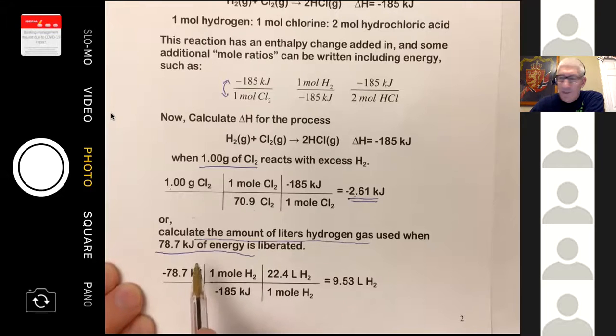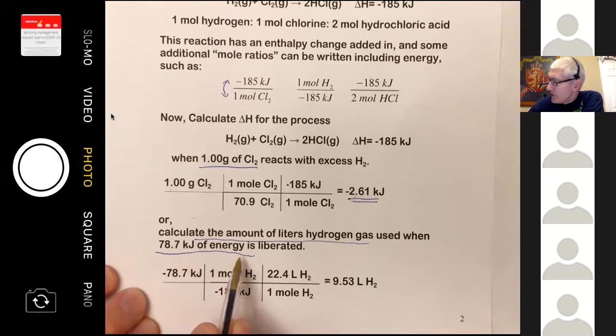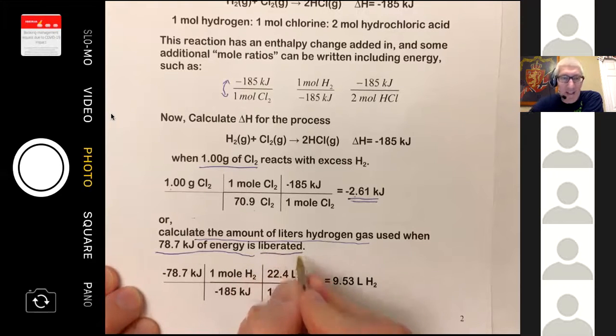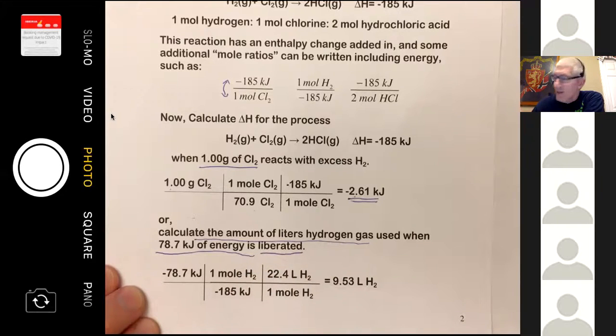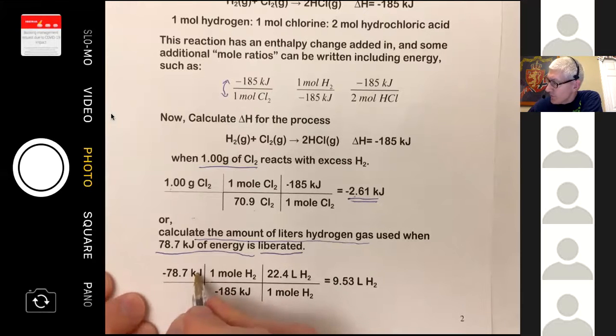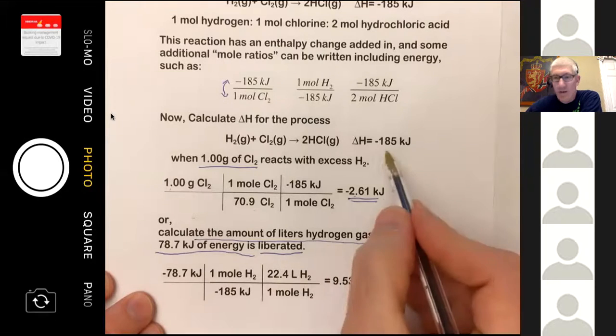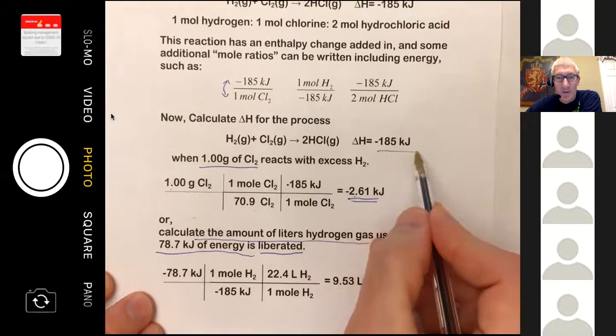At this point, I'm starting with a known quantity of energy, and because it is liberated, that means it was given off. That's why it's a loss, a negative. So this is how much energy I gave off. Then I think, okay, I've got kilojoules right here, so I need kilojoules in the bottom. How many kilojoules? It tells me right there, 185 kilojoules.